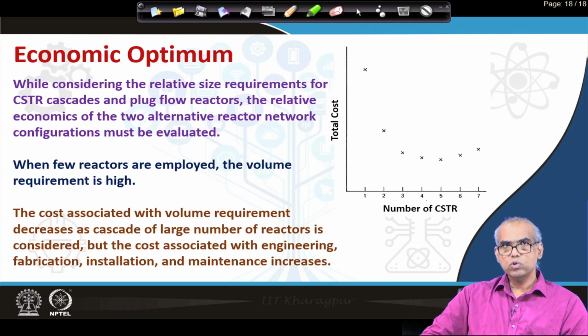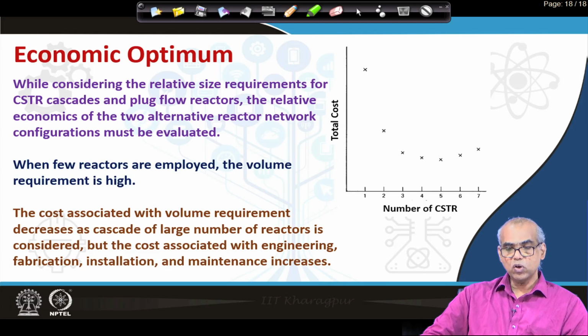So, the cost associated with volume requirement will decrease as a cascade of a larger number of reactors is considered. But then as we consider more and more reactors in the cascade, the cost associated with engineering, fabrication, installation and maintenance will also increase.